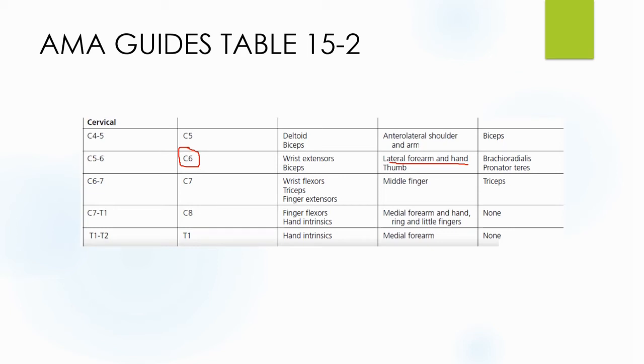The C6 nerve root innervates all of the wrist extensors and is going to affect the brachioradialis reflex. So the examinee will report symptoms in the lateral forearm and hand. They'll have weakness to resisted wrist extension, and they'll have some diminution in the brachioradialis reflex.